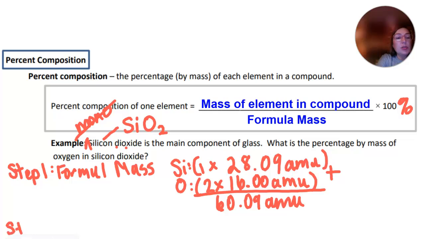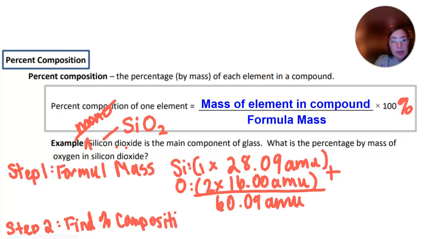My step 2 is going to be to find out the percent composition with this formula. I can go ahead and write out percent composition. So find the percentage that is oxygen in silicon dioxide for our example. So what percent is oxygen? Well, the 2 times 16 AMU.